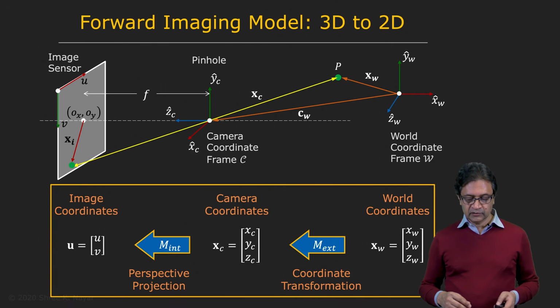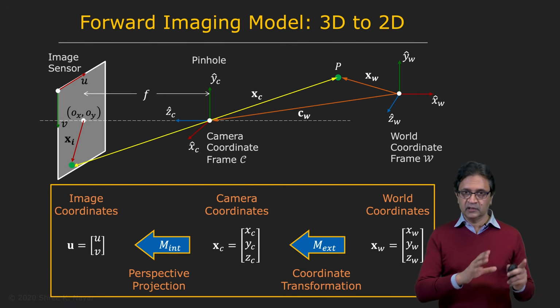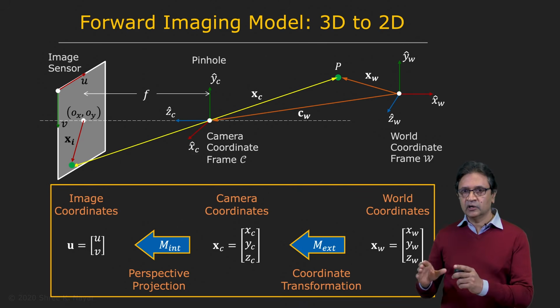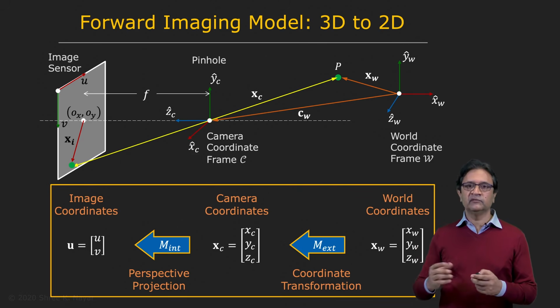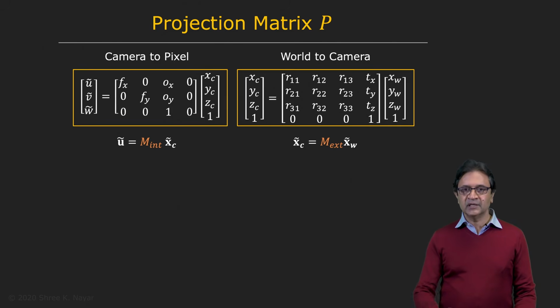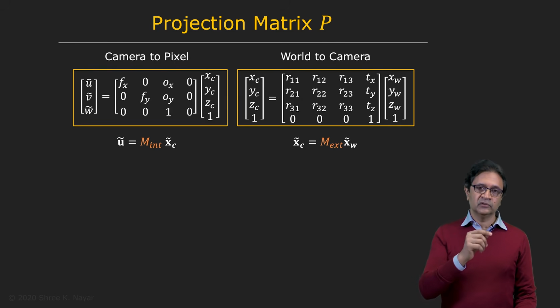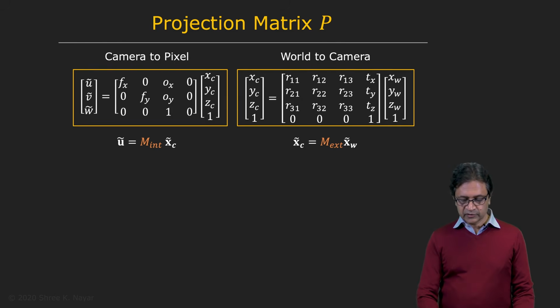So with that in place, we have taken care of all the components. We have perspective projection, a linear model for that. Coordinate transformation 3D to 3D, we have a linear model for that. And so we can now figure out what is the mapping of a point in the world coordinate frame to pixels in the image.